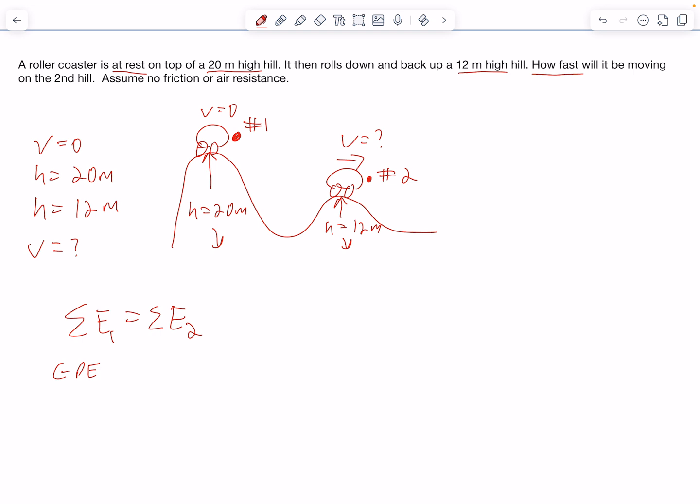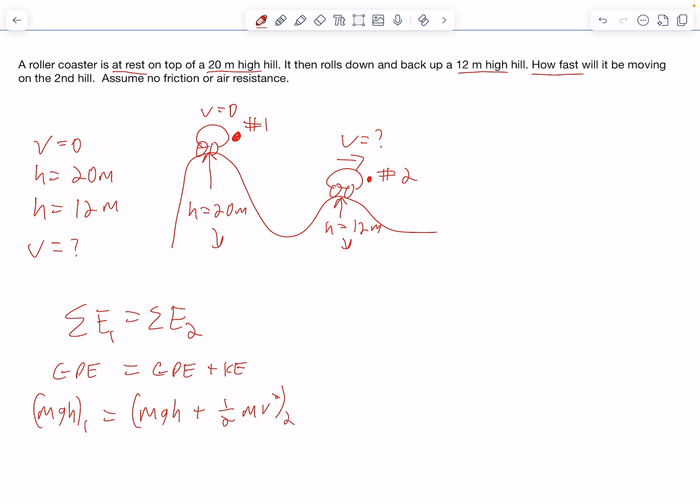It started at rest, so there's no kinetic energy. On hill 2, it also has a height, so it has potential energy, but it's moving too, so it has kinetic. So our equation looks a little different. So we would have mgh, this is from hill 1, and then we have mgh plus 1/2 mv squared, and this is from hill number 2.